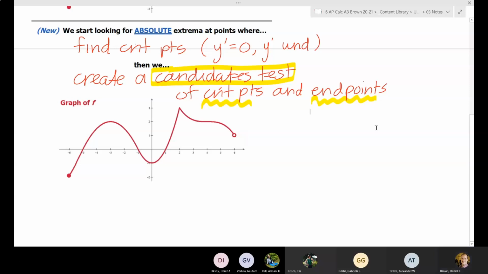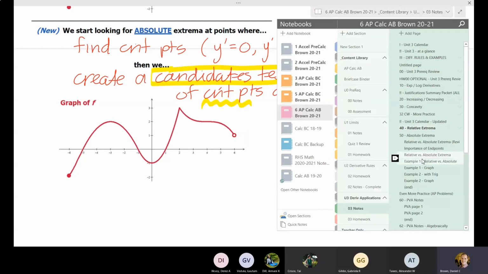Yes. All right, so here is my first example.